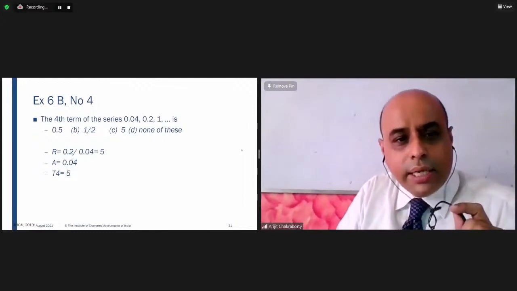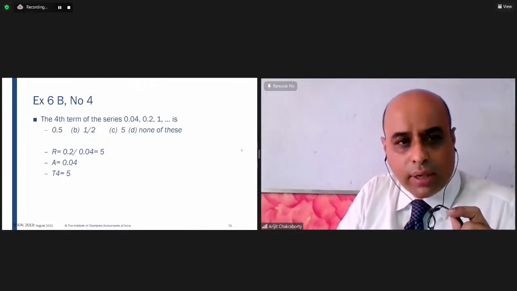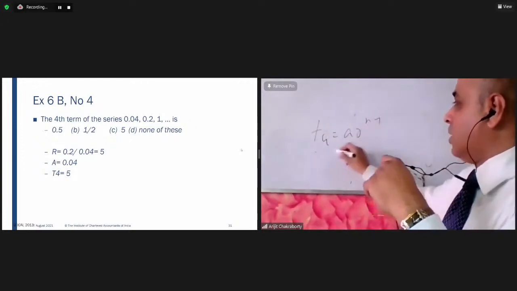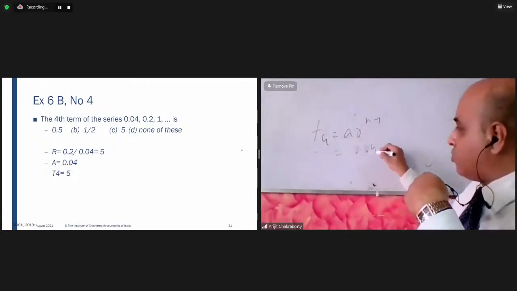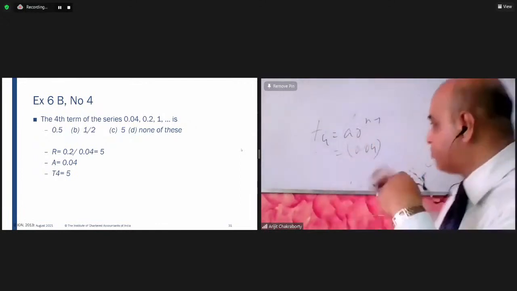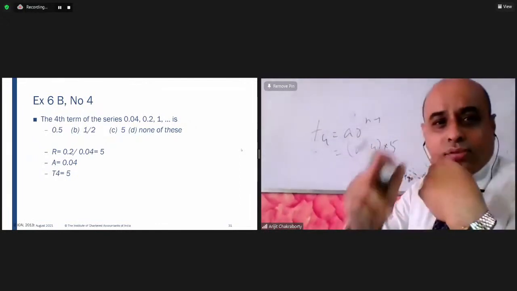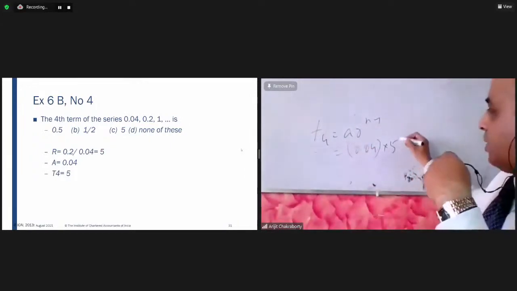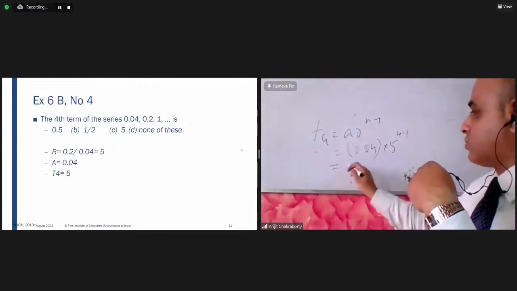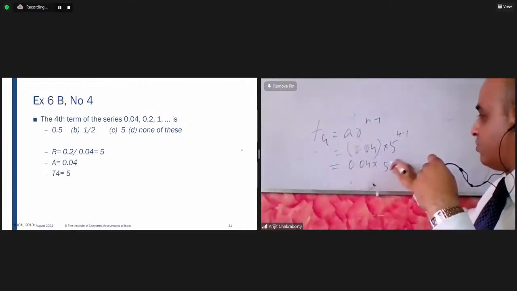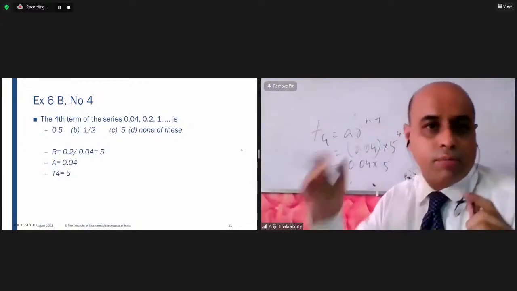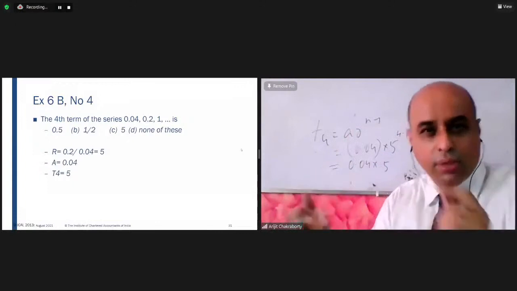See, the first term is A, which is 0.04, and the fourth term we have to find out. So term number 4 is equal to AR^(n-1), that is A is 0.04 into R is 5, and n is 4, so 5 to the power 4 minus 1, that is 3. 5 cube is how much? 5 into 5 into 5, that is 125.